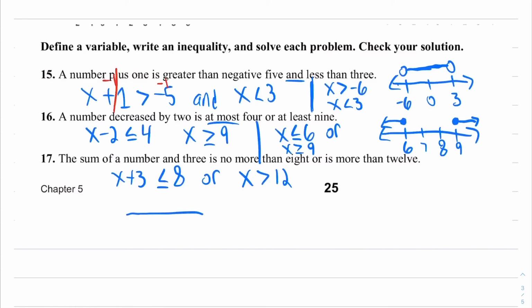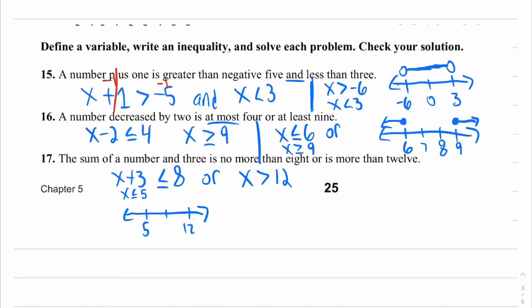Let's make a graph out of that. Oh, before we do the graph, we have to solve it. So let's subtract this 3. If I subtracted that 3, then I'm going to be taking 3 off of the number 8 to make the number 5. So I have 5 on the left, 12 on the right.